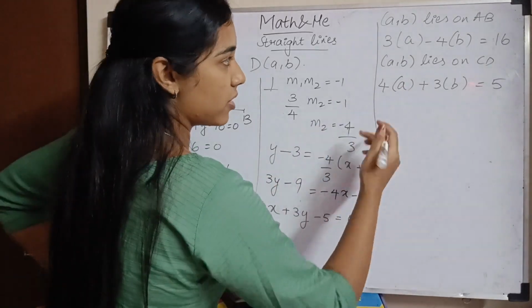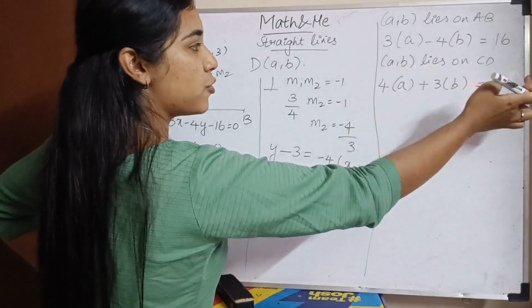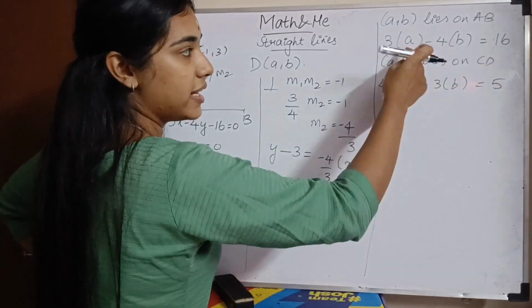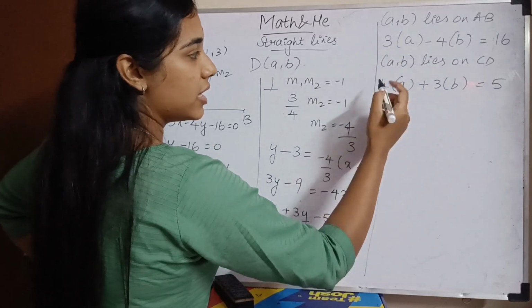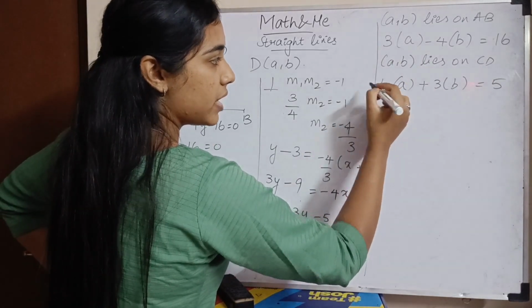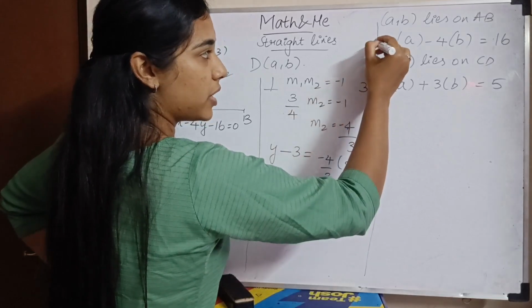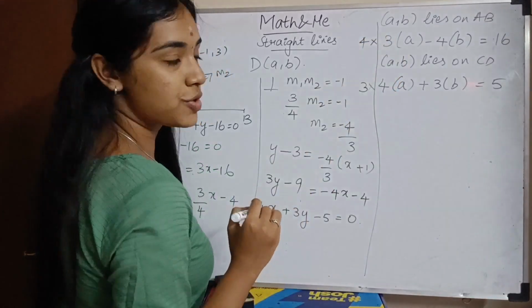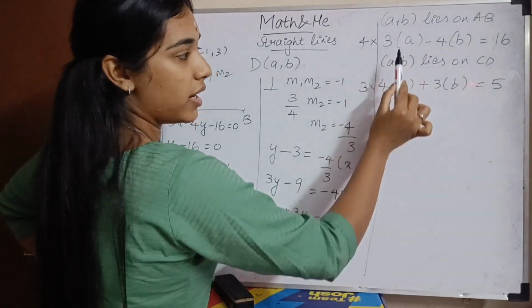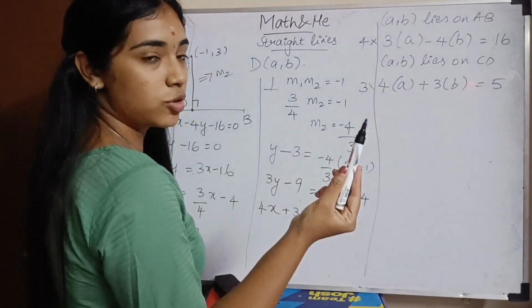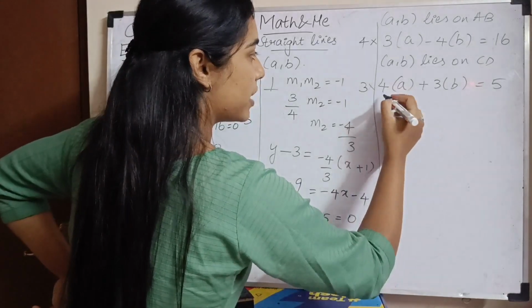By substitution method. So I have 3A minus 4B equals 16. I can either cancel A or B terms. So I'm going to multiply this particular equation by 4 and this particular equation by 3. Do you see why? So when I have 4 times 3 and 4 times 3, 12A here, 12A here. So I can cancel both 12A and 12A. So what does your equation become?